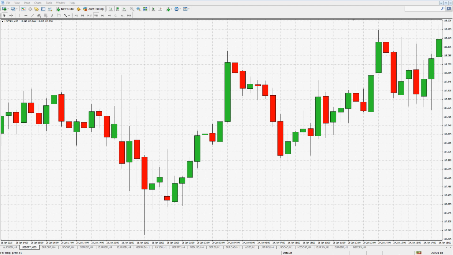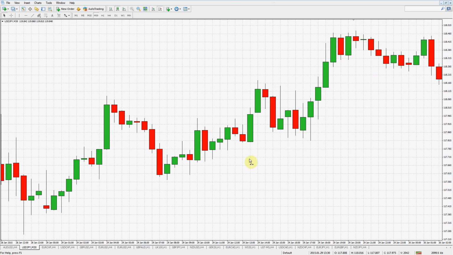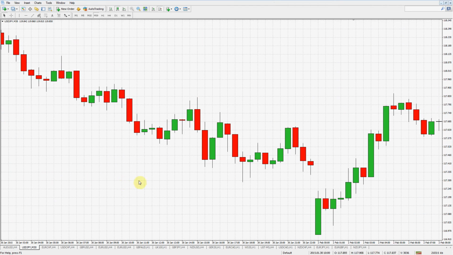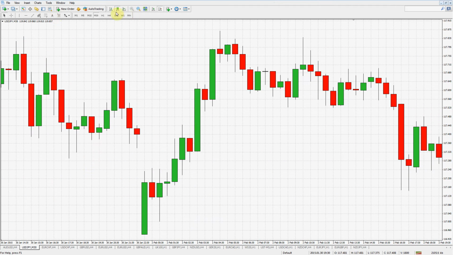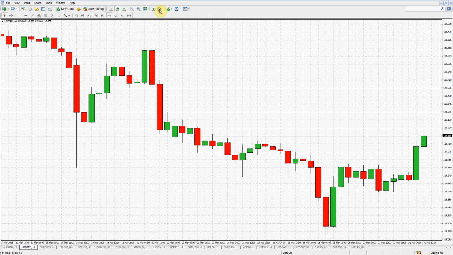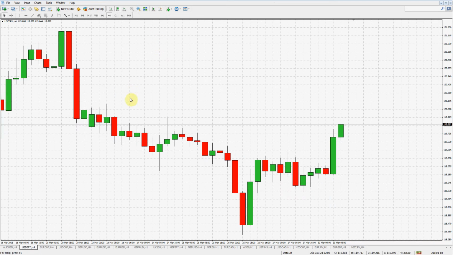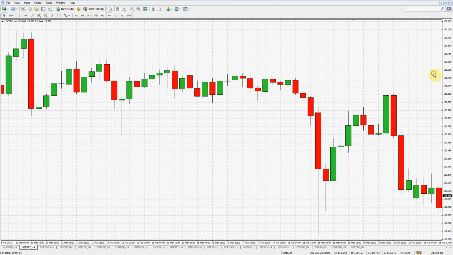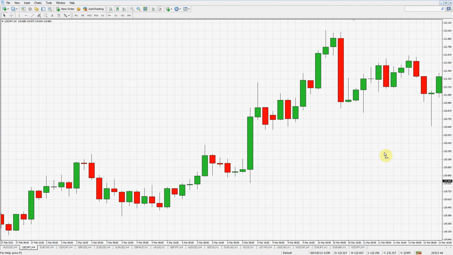So first of all, we're on the US dollar Japanese yen at the moment. Let's start off by looking at this trade and saying, okay, we've got potential entry and exit levels that we could be looking at. So I'm going to find a point here where we can look at that in detail.